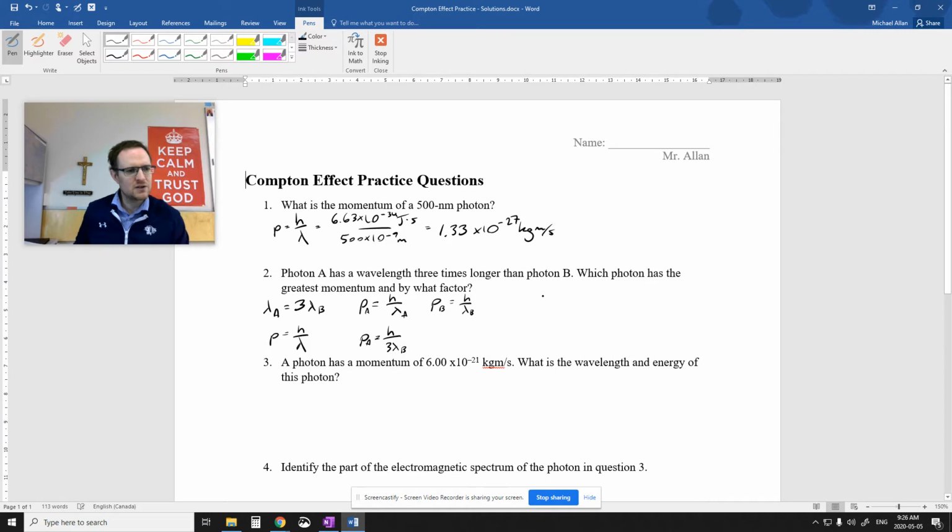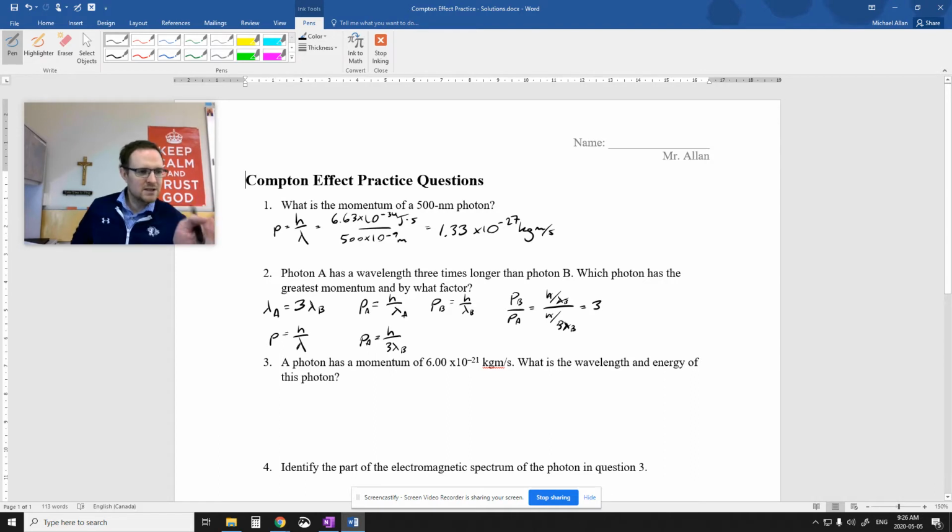I'm going to divide the two. I'm going to say the momentum of B over the momentum of A. So I'm going to go h over lambda B, over h over 3 lambda B. I want to compare by what factor, so this is a good way to do it. These are going to reduce out, these are going to reduce out, and I'm getting 3.